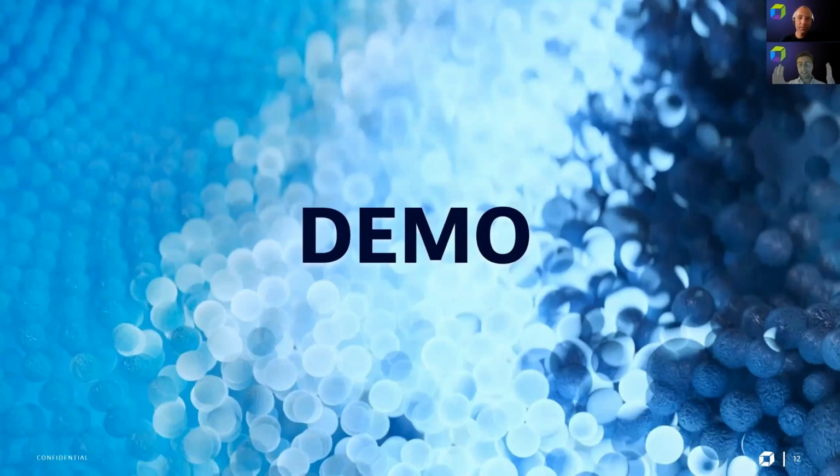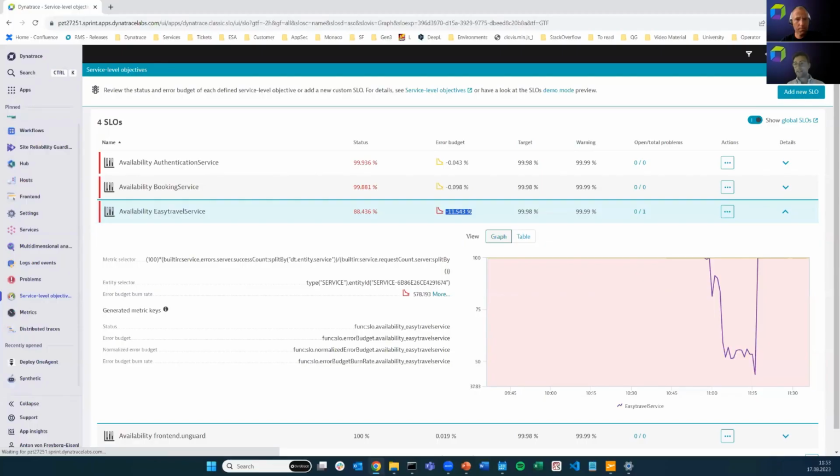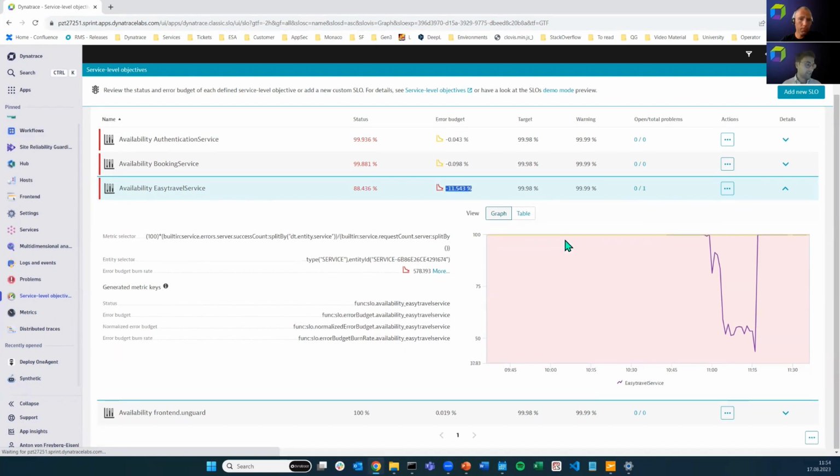Perfect. So let's now take a look at such an example of what we just discussed in a live environment. And I prepared something for you. I prepared some nice SLOs, and one specific I want to look at with you, right? So we have an easy travel availability SLO. I'm looking at the failure rate of a specific service. And what we did there, and what you already see, right?